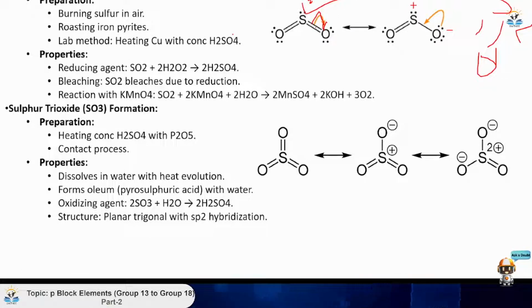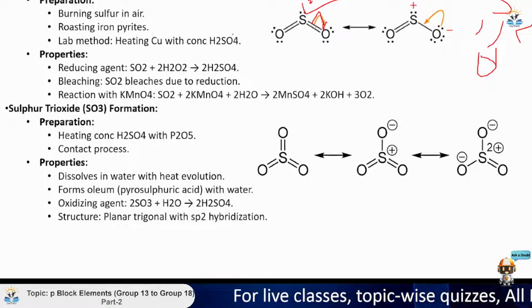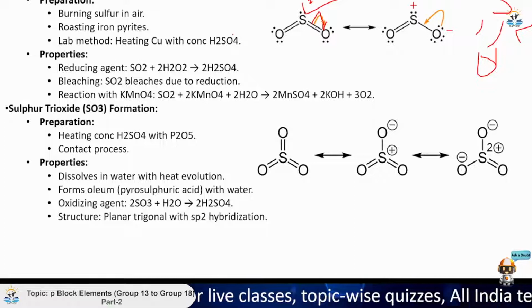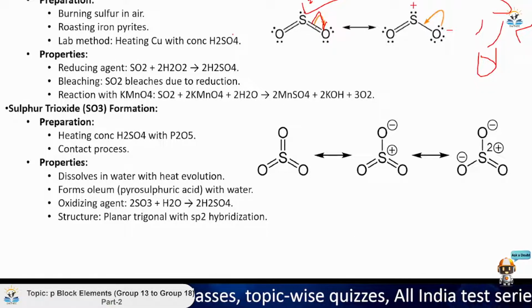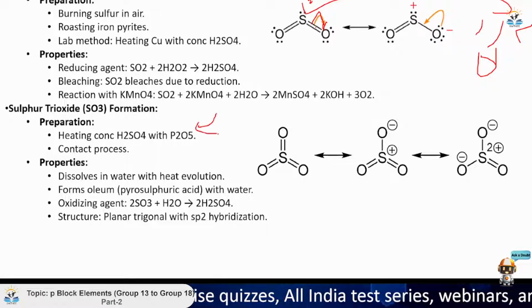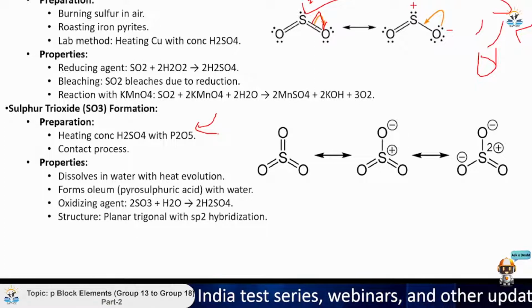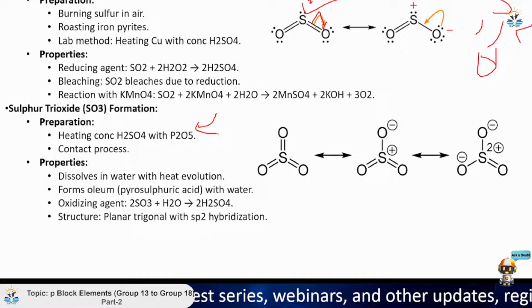Okay. Now, sulfur trioxide, like sulfur dioxide, is another oxide of sulfur that is formed from the group 16 elements. It is generally formed by the heating of concentrated H2SO4 with P2O5. Okay, so this is a reaction for sulfur trioxide, and it is also obtained as a byproduct.